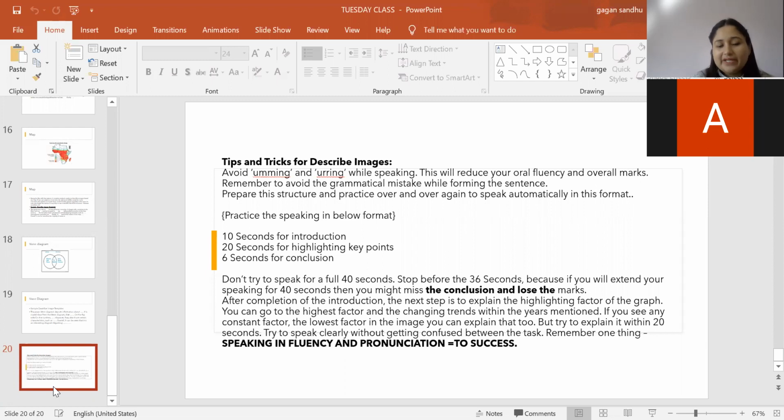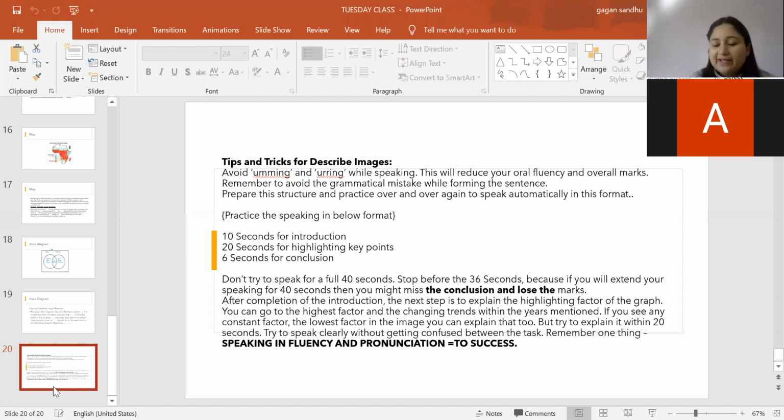Remember to avoid any grammatical mistakes while forming the sentences. Now this is important. That's why the template is there, so that the sentences you are framing are grammatically right and there is a sequence in the sentence, right? Prepare the structure. The structure I have given you, these ones and the one I'm going to share now. So just prepare everything with the help of the structure and try to speak it over and over again.